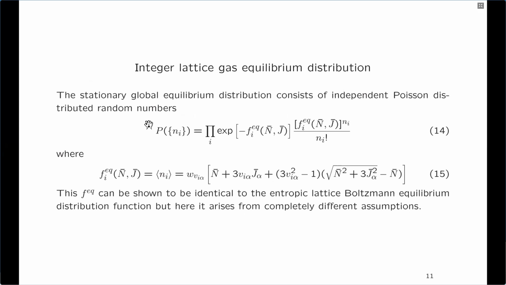I hope you recognize those as Poisson distributions, dependent on this N_i, so they have the mean to the N_i factor here and the N_i factorial. The mean value of your Poisson distribution is given by this quantity here, this f equilibrium, which turns out to be the same as the entropic lattice Boltzmann, which we didn't put in, it just happens to come out.